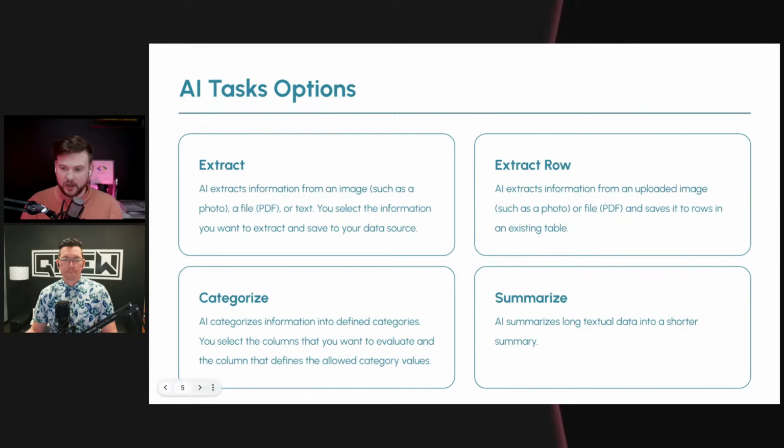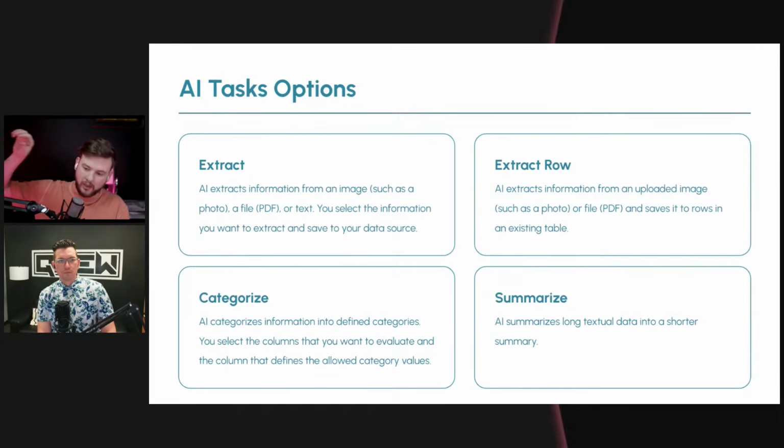But to cover extract and extract rows real quick, those two depend on you uploading an image or a PDF. Based off that image or PDF, extract will look at it and fill out however many fields you select. So if you have a PDF of a legal document, a contract, it can extract the title. It can extract things like who are the parties involved in this contract?